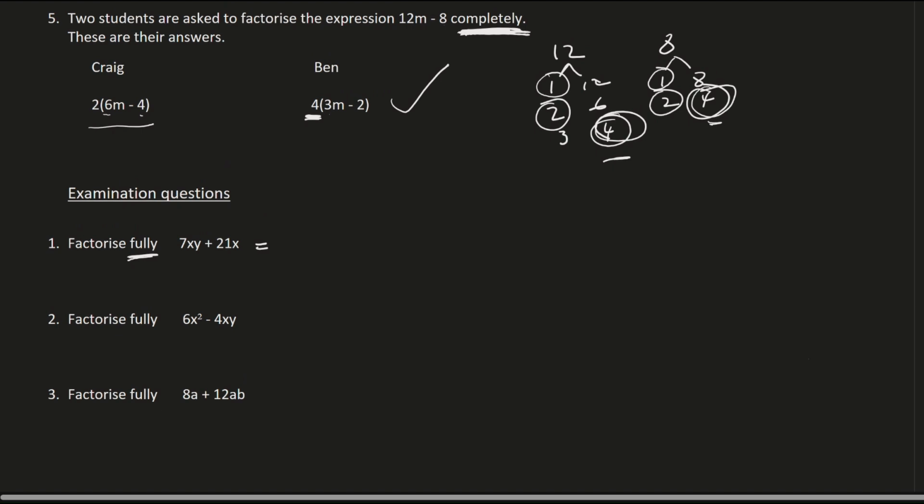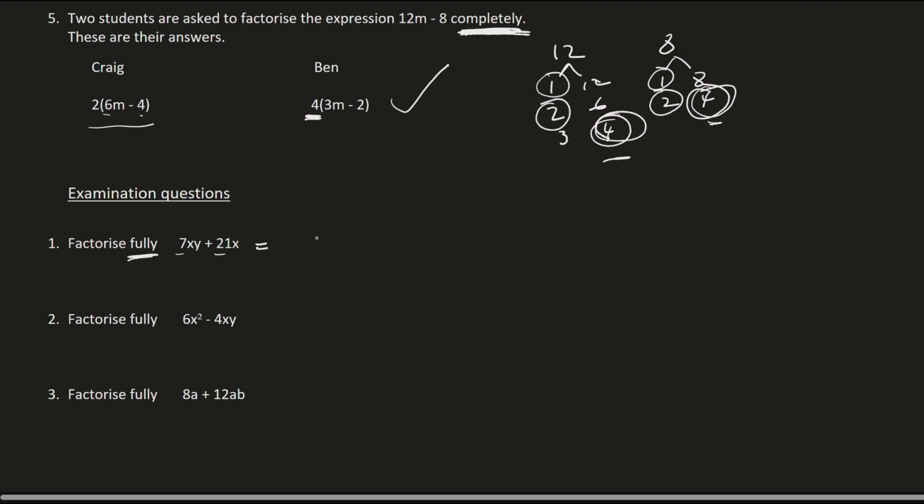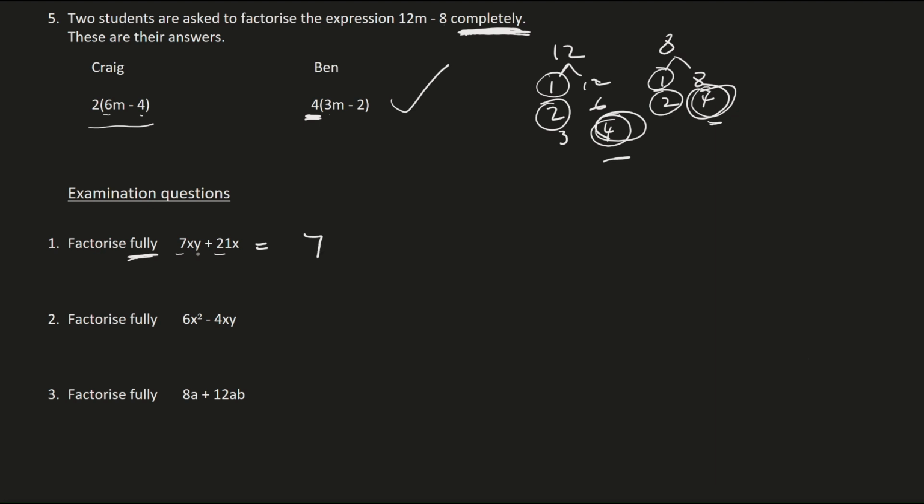Ben. To do this, look out for the highest common factor for 7 and 21, which is 7. Common letters are x and x, so we factorize x out. There's nothing else to factorize out. So we have 7xy divided by 7x gives me y.